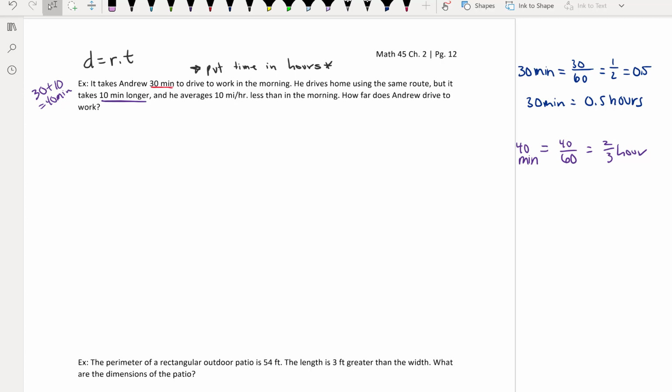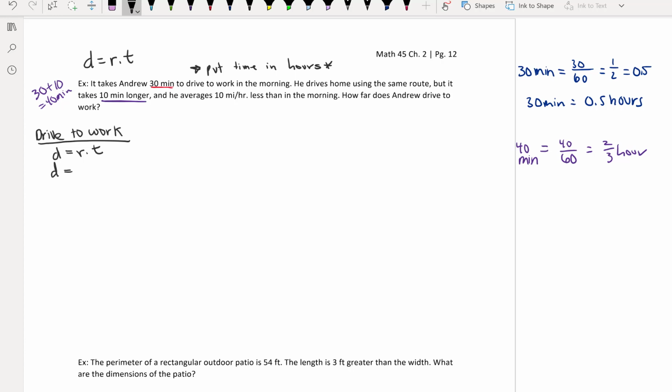Okay, so let's think about this. So I want to think about his drive to work. Well, for his drive to work, we have that distance is equal to rate times time. So it says it takes Andrew 30 minutes to drive to work in the morning. So we know that when he goes to work, the amount of time here is half an hour.